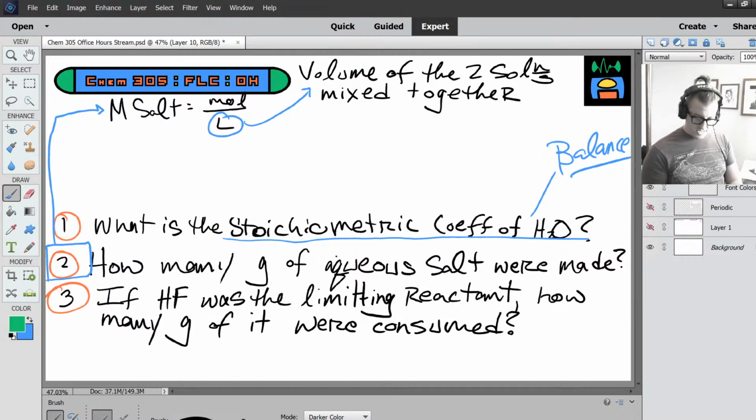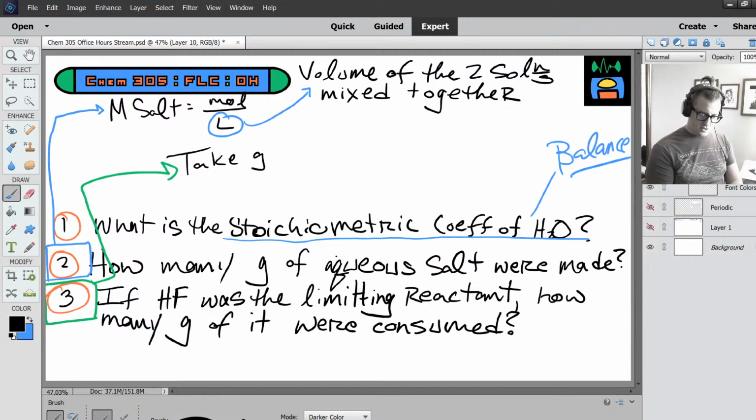And then finally, kind of my hint for number 3 is take the grams of HF. Oh, sorry, not grams of HF.